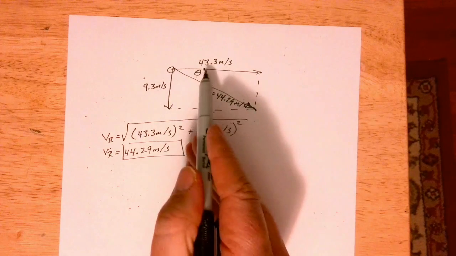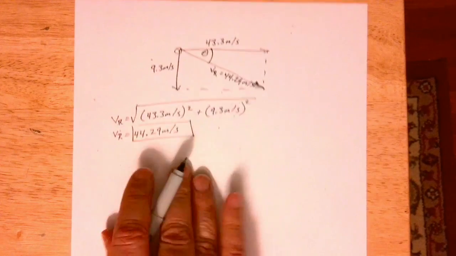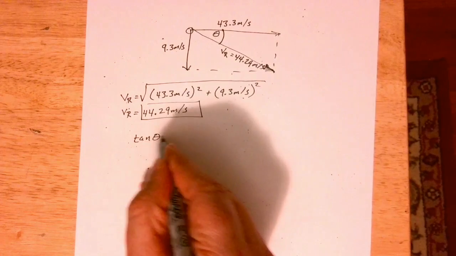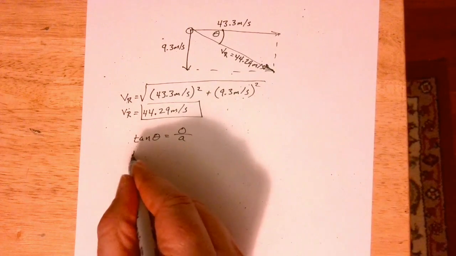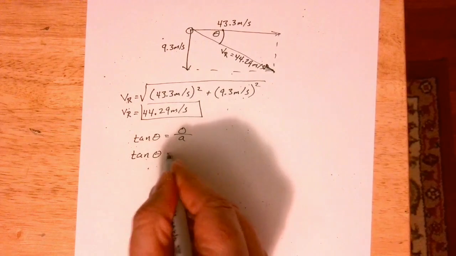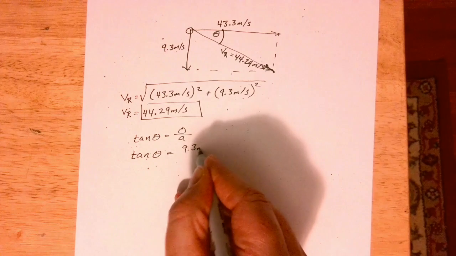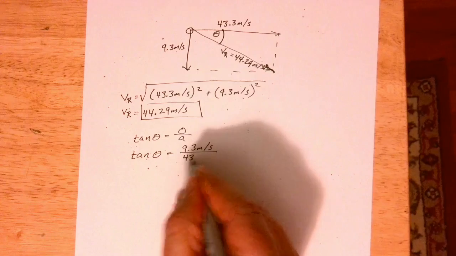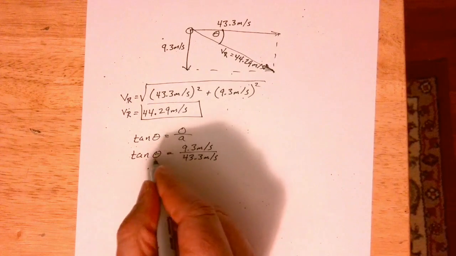And then in order to solve for the angle, we have to use tangent. So tangent theta is equal to opposite over adjacent. The opposite is 9.3, and the adjacent is 43.3 meters per second. So we're solving for theta.